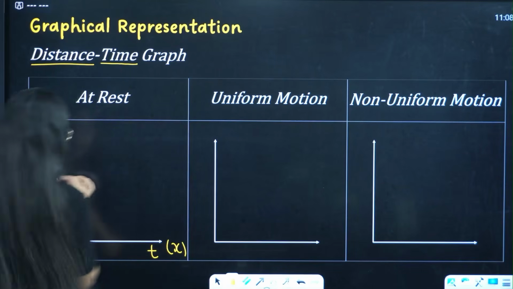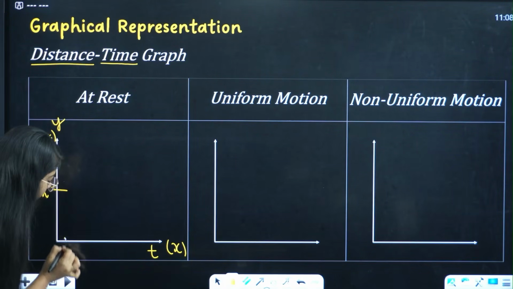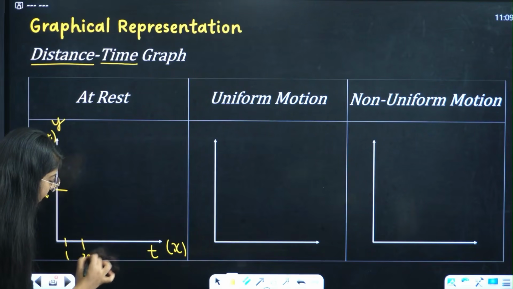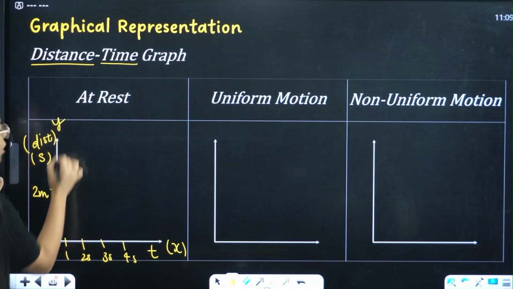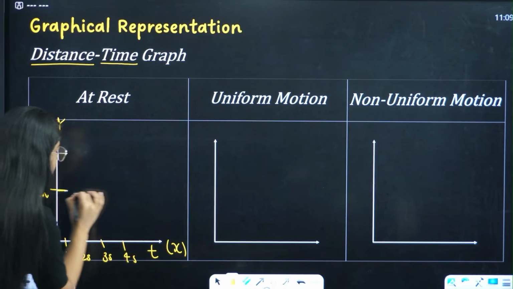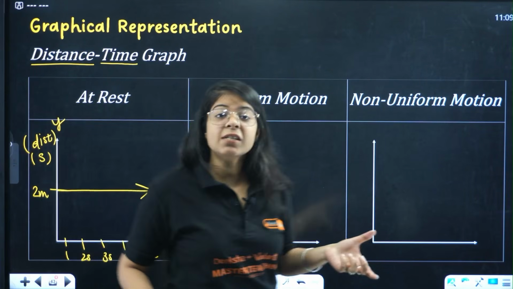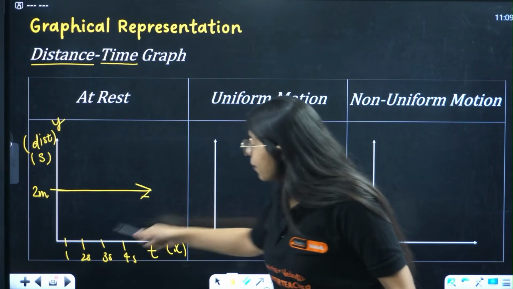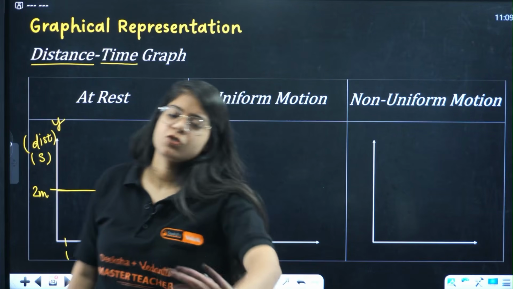Time was moving, 1 second, 2 second, 3 second, 4 second, but you are at 2 meters. You are not going far, you are not coming near. So this will be your graph: a straight line, distance remains 2 meters only, but the time is continuously increasing, because time never stops, my friend.